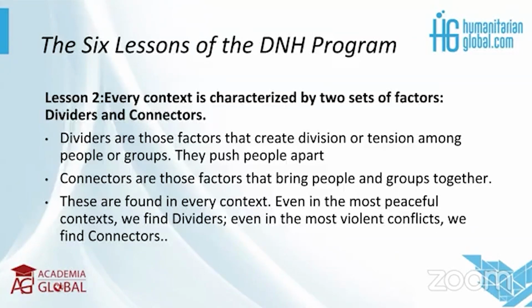For example, there are communities or countries where the discussion on LGBTQ is a divider, where there are people who believe this is wrong and there are people who believe we have a choice. That factor becomes a divider because it is pushing people apart, and it is likely to cause conflict or tension between these 2 particular groups.